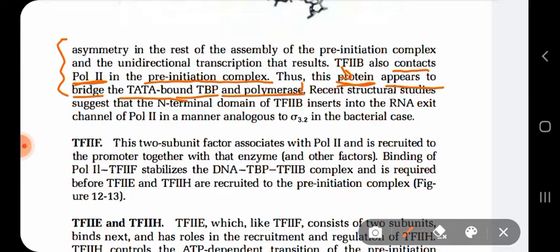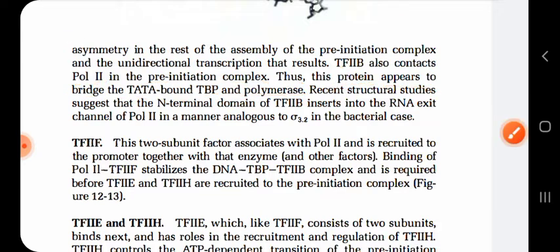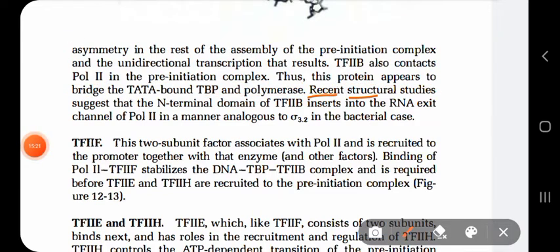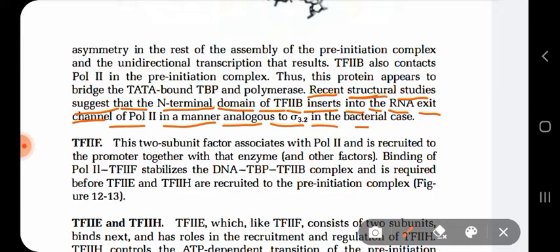The last line on TF2B is saying that recent structural studies suggest that the N-terminal domain of TF2B inserts into the RNA exit channel of polymerase II in a manner which is analogous to the sigma 3.2 region in the bacterial case.